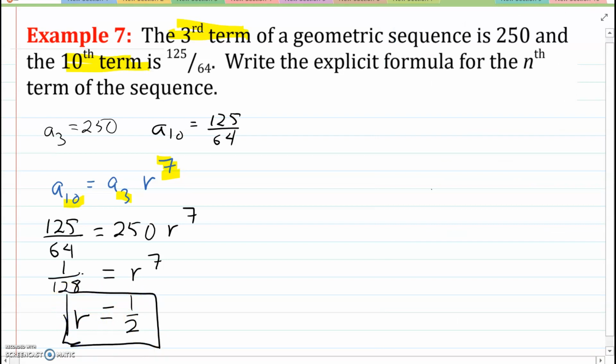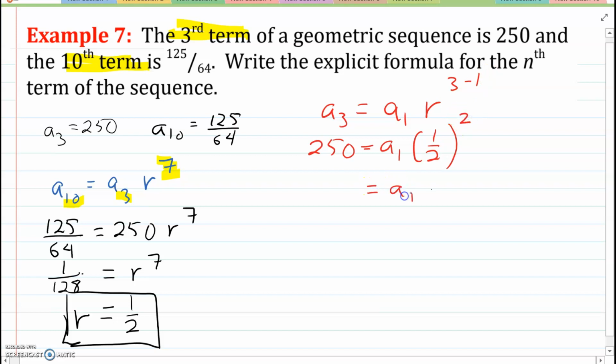The problem is I need to figure out, well, what do I do to find my first term? So what I'll do is this. I'll go back and say, using the third term, my first term is going to be r to the, well, it would be 3 minus 1 using the formula. So in this case, I know that a sub 3 is 250. A sub 1 we don't know. We know that r is 1/2, and 3 minus 1 is going to get me 2.